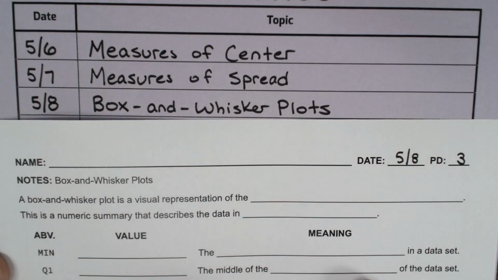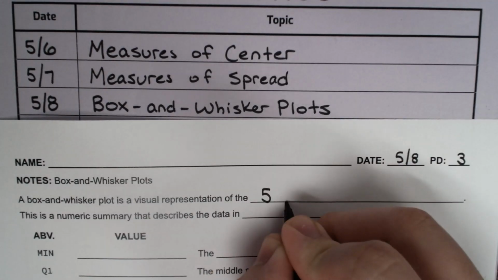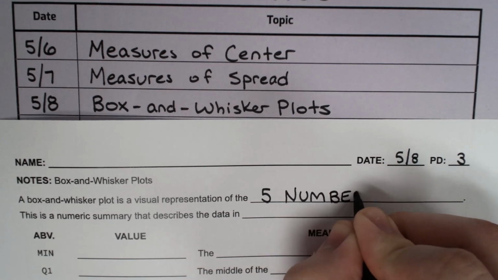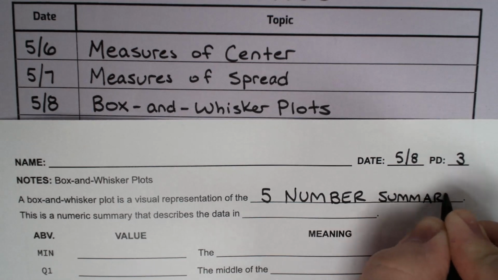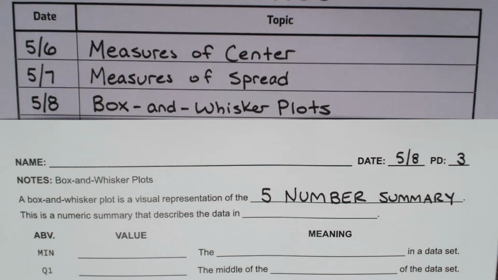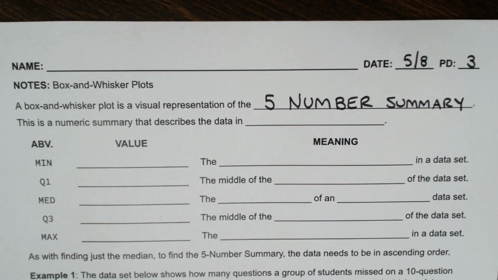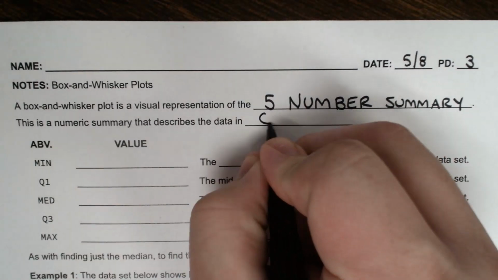So, the box and whisker plot is a visual representation of what's called the 5-number summary. And the 5-number summary just describes the data in what are called quartiles.